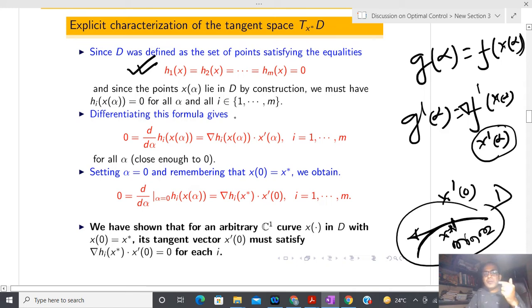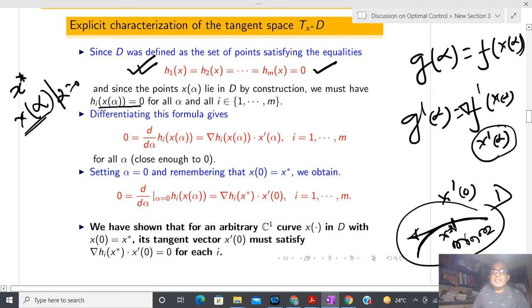Since x star is generated by keeping x alpha equal to 0, I have to make sure that on both sides of x alpha the constraint condition is satisfied. Whatever curve I generate should satisfy the constraint too, so in place of x I can replace x alpha, and at the point x alpha, h1 x alpha, h2 x alpha, and hm x alpha should also equal 0, and due to that I have retained this condition. Does anyone have confusion?